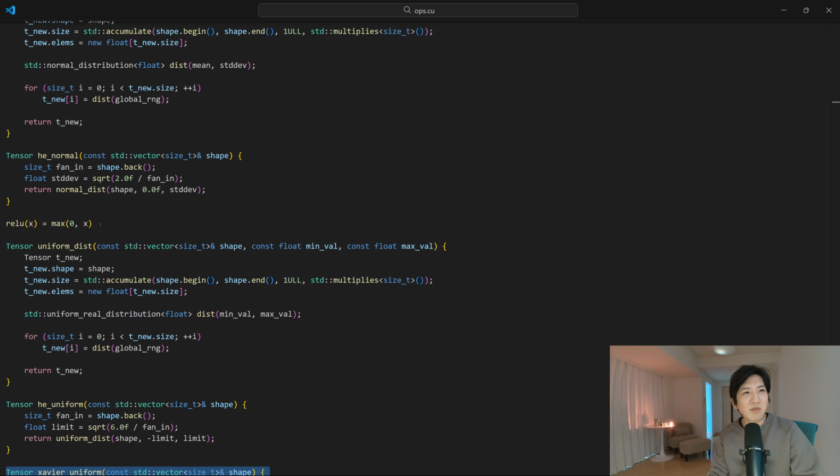But even when these values are positive, they may be really small, like 0.0001. I mean, it might be really tiny.